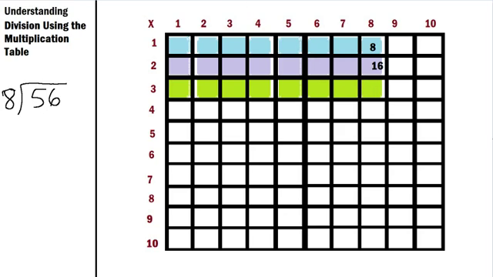And if I do make another group of 8, I now have 24. And I want to get all the way to 56. So I'm going to choose yet another color. 1, 2, 3, 4, 5, 6, 7, 8. And if I have 4 groups of 8, I then have 32.